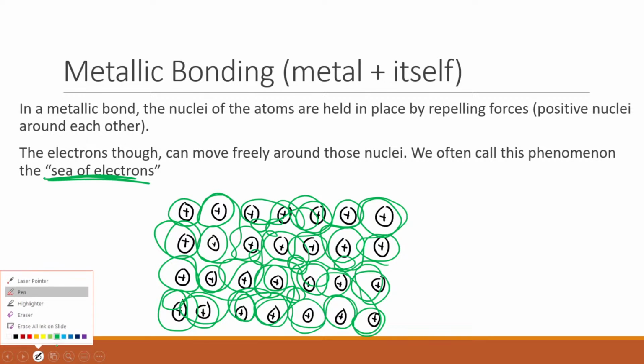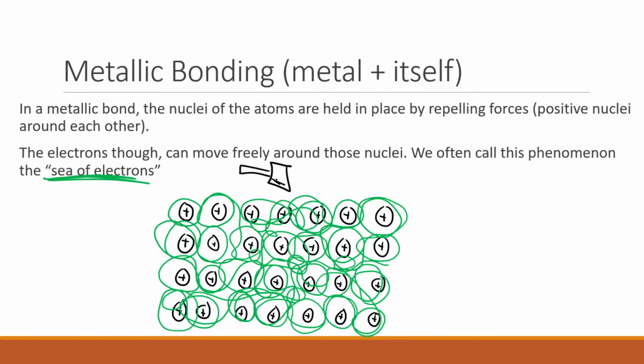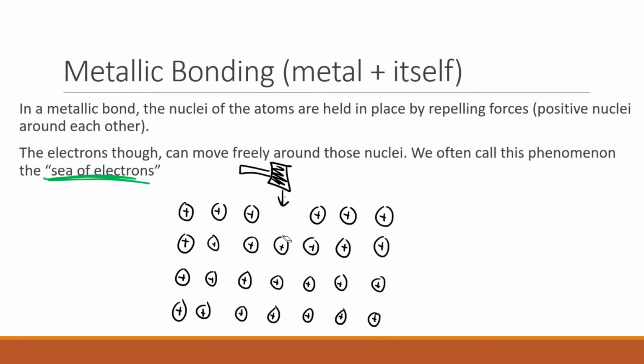If I decide to come at this piece of metal with a hammer, and I want to come right down on top of this atom here, we are gonna see some movement, right? And I'm gonna have to erase my electrons. But if I come down on that one atom with the hammer, I am going to end up pushing all of them with enough force to be shifted downwards.